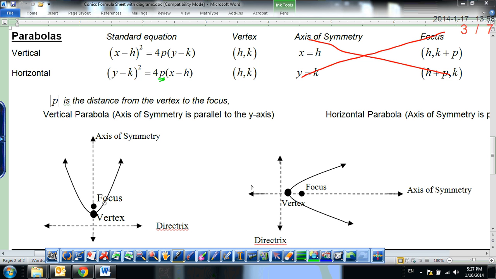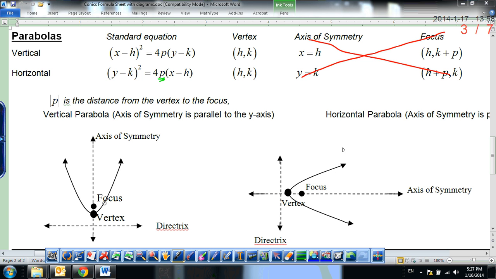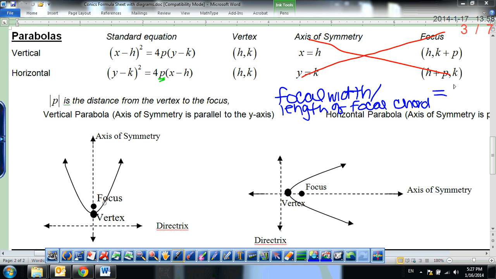All right. One other special thing on here that you don't necessarily have written on, so you might want to add, is called the focal width, or the length of the focal chord. And that is equal to the absolute value of 4 times p, which was already given to you, right? 4p is part of your equation.